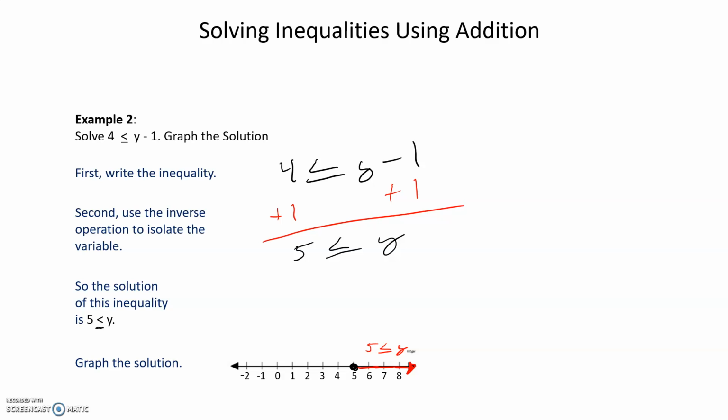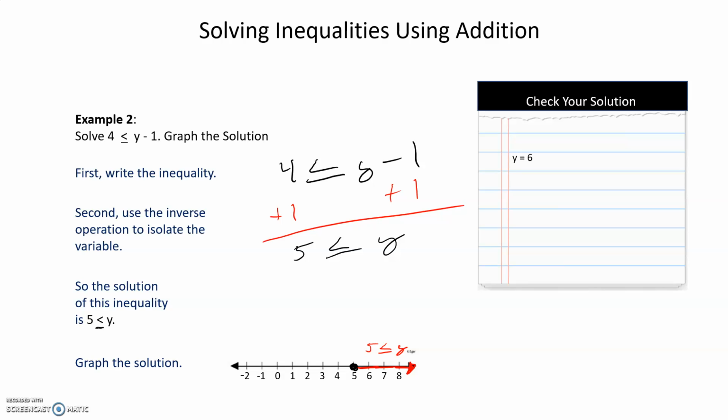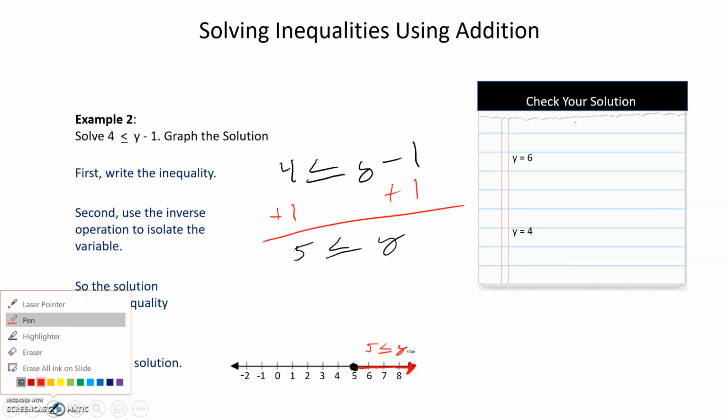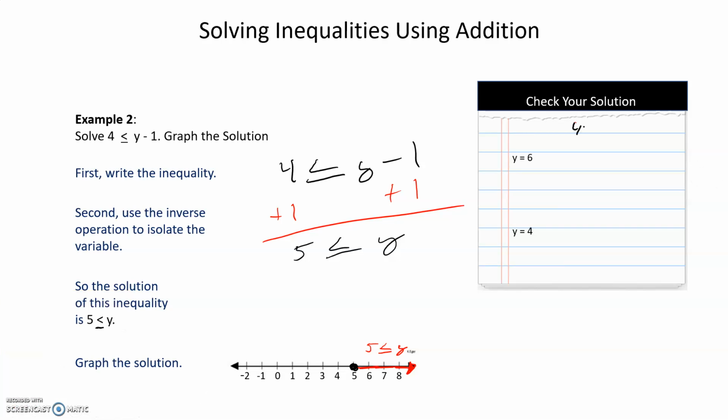So let's check our solution. I'm going to use 6 and 4. My original inequality was 4 is less than or equal to y minus 1. I'm going to plug in 6 in place of y.